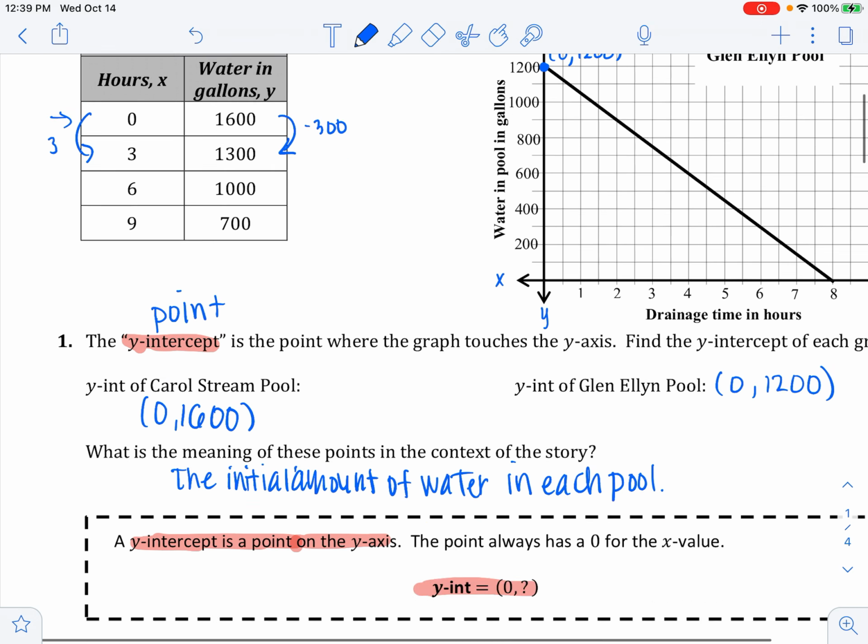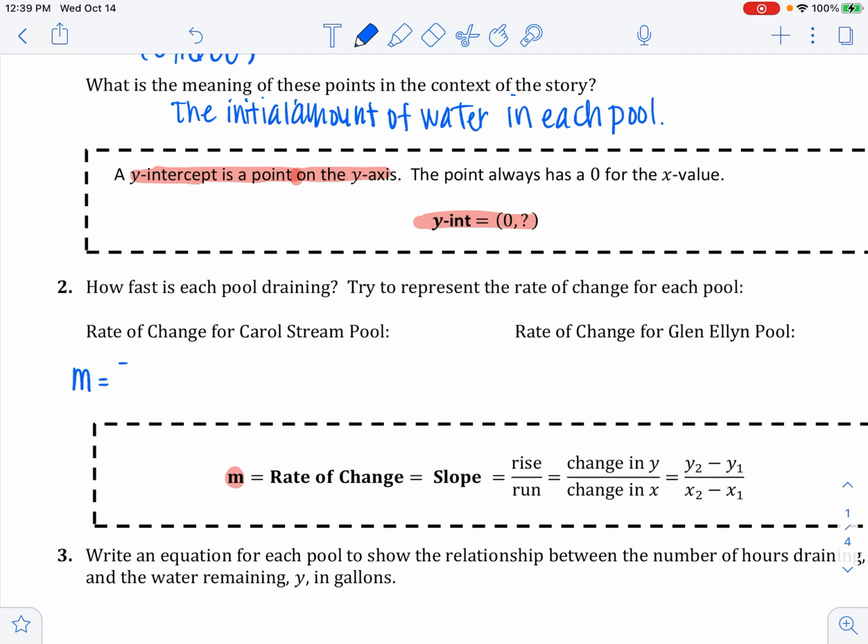So I'm going to say my rate of change. Rate of change is represented by M because rate of change is your slope. So M equals, and I'm losing 300 gallons every 3 minutes.